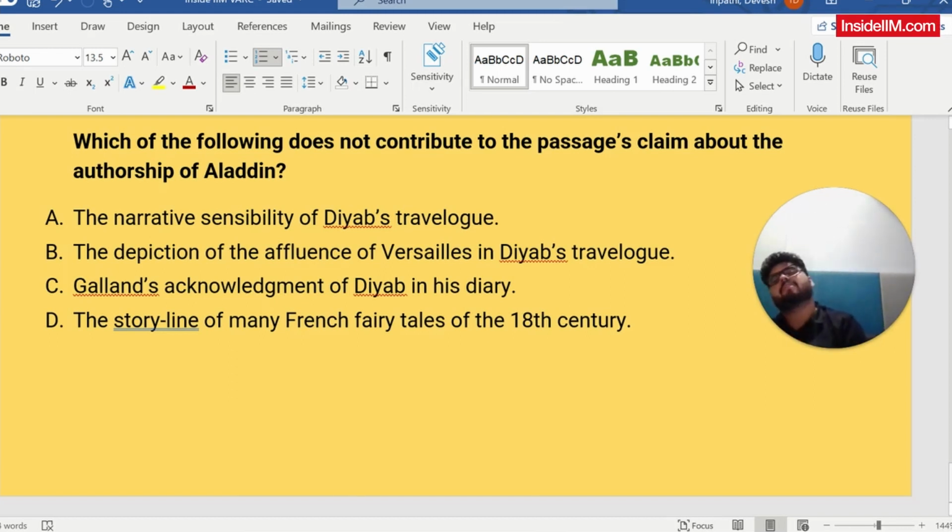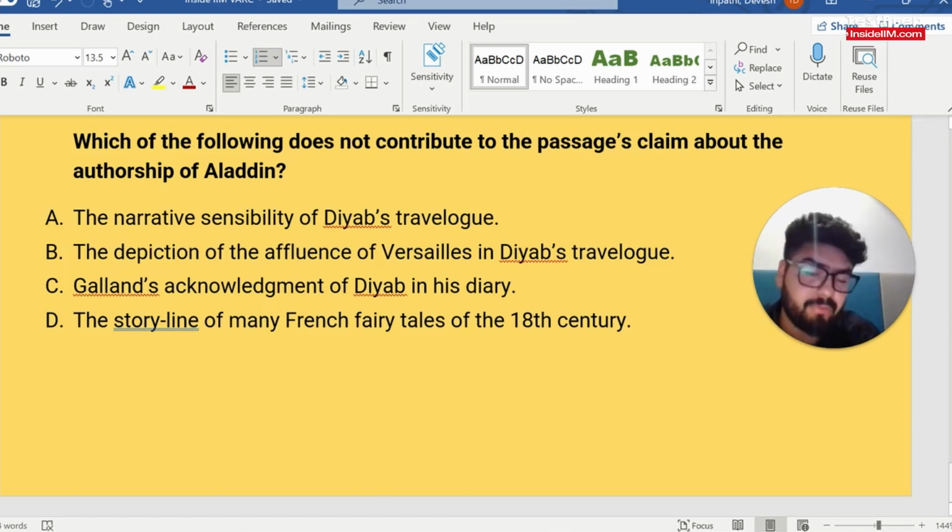If I were to go about seeking the answer to this question, the narrative sensibility of Diab's travelogue and the authorship of Aladdin. Obviously, because you clearly see the author has written that there were riots due to food shortage, and Diab was more sensitive towards it.